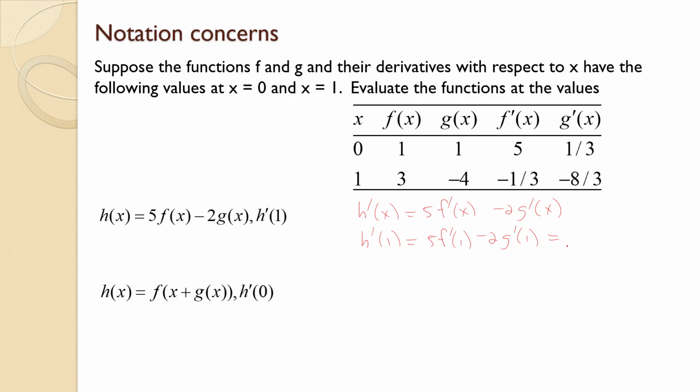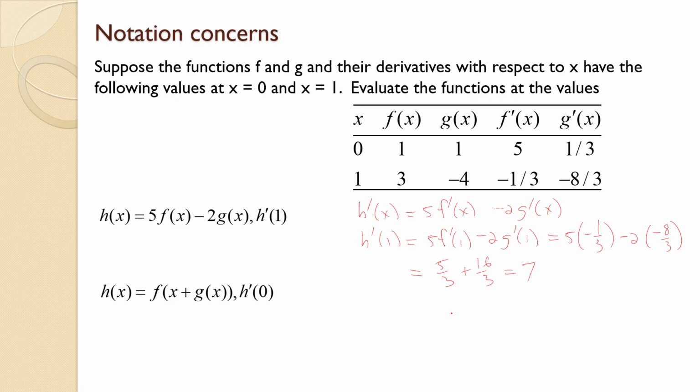The derivatives of f and g at 1 are negative 1/3 and negative 8/3. So that'd be 5 times negative 1/3 minus 2 times negative 8/3. And that would then be 5/3 plus 16/3. That's 21/3. 7 is the answer. So the next one, same idea.